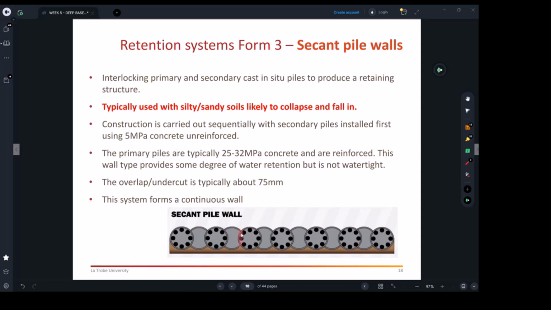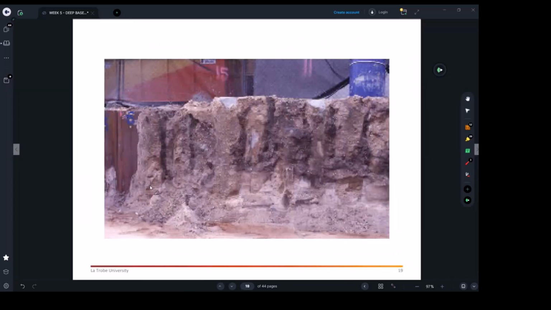We're talking about this overlap. It is about 75 mil to make sure things are engaged together, and the whole system will form a continuous wall system.